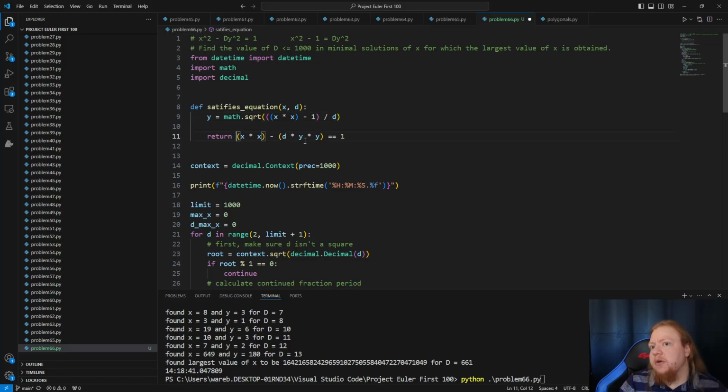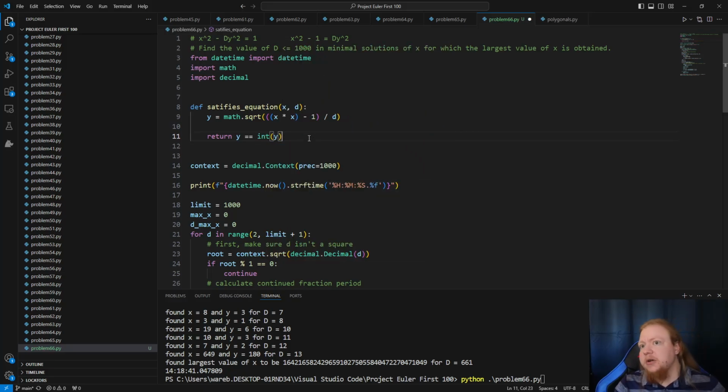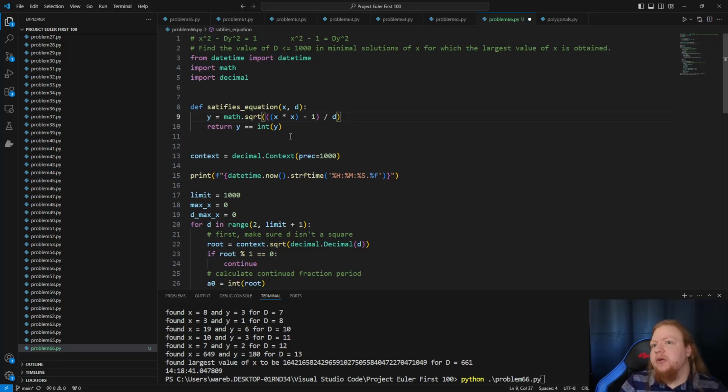And then return y mod 1 is equal to 0. Could also do y is equal to integer y. And we should still get the correct answer.